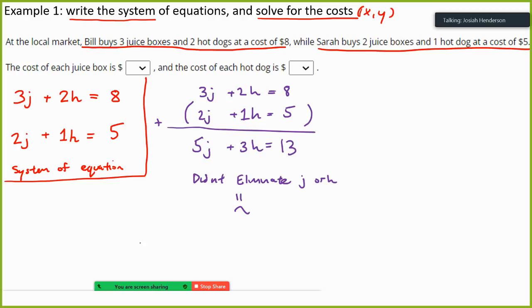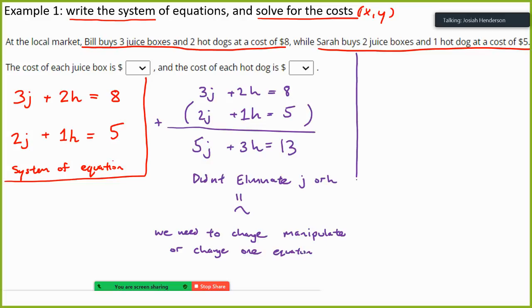So we're going to have to manipulate, or change, one of these equations to make it match the other. All right, I'm going to draw a line here, and we'll do that on the right side.